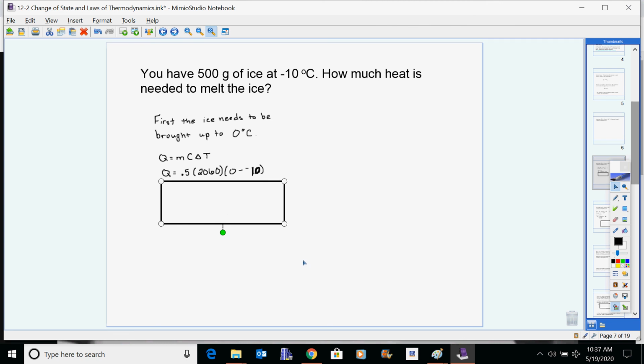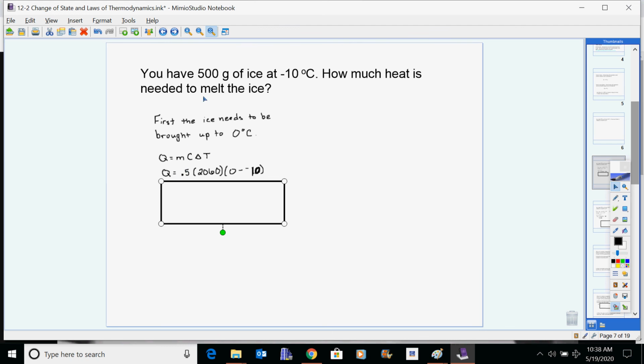It takes a different amount of energy to heat ice than it does to heat water, which I find very interesting. The water's a little bit more spread out, so it just takes a different amount of heat. But you'll find that in the chart. So when you're looking for the chart, make sure that you differentiate between H2O in the ice state and the water state. So specific heat of ice is 2060.